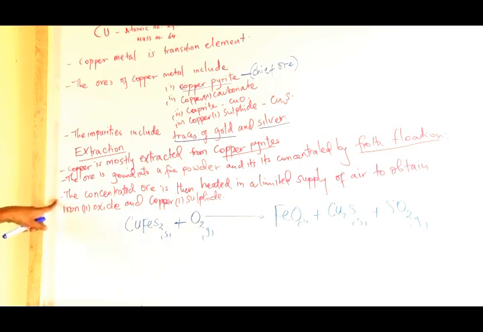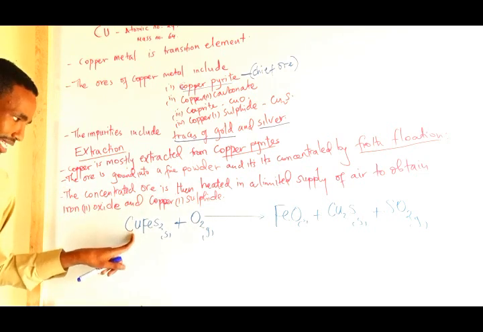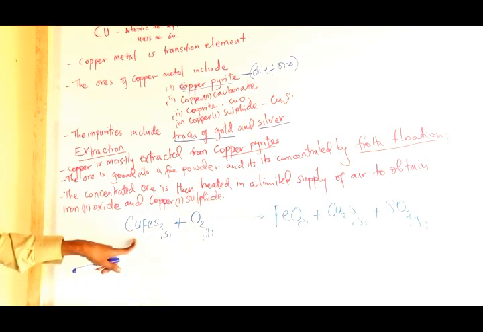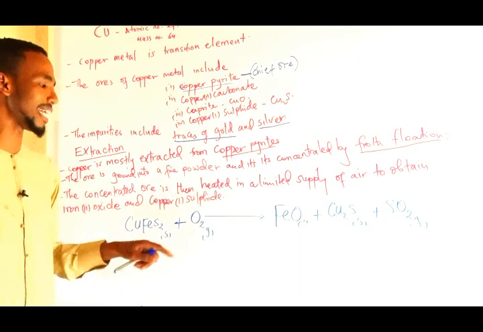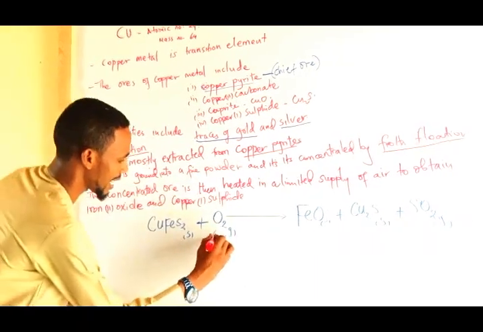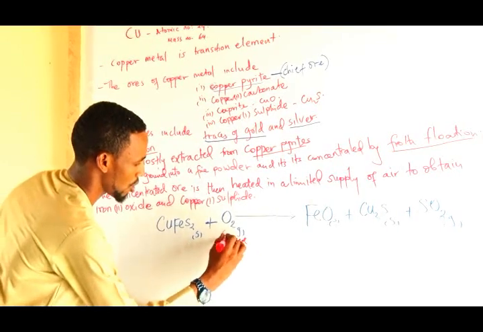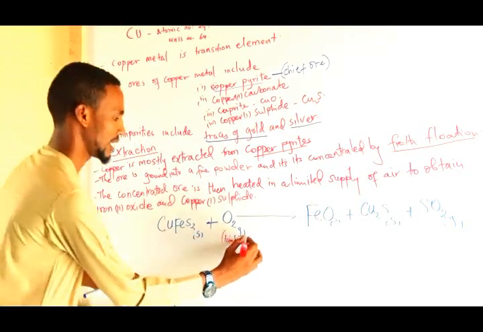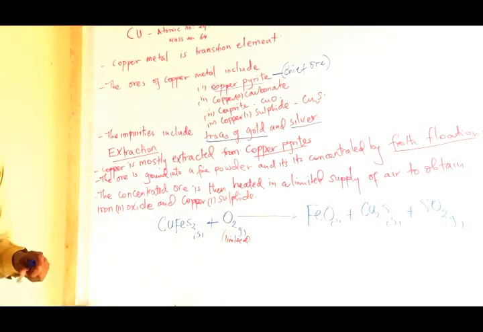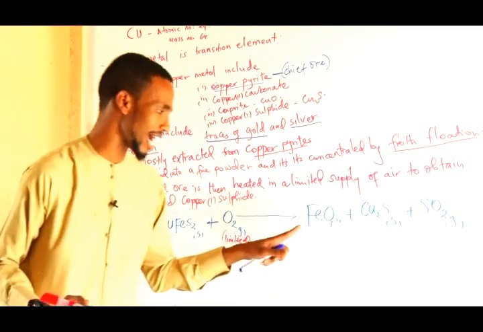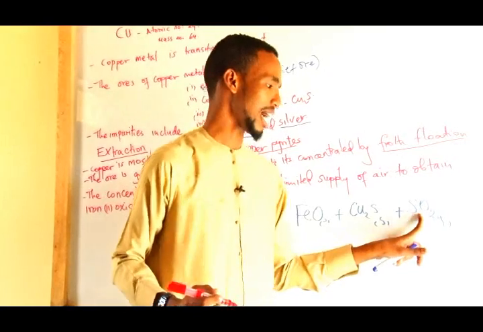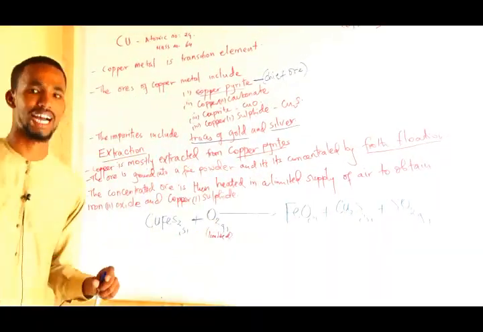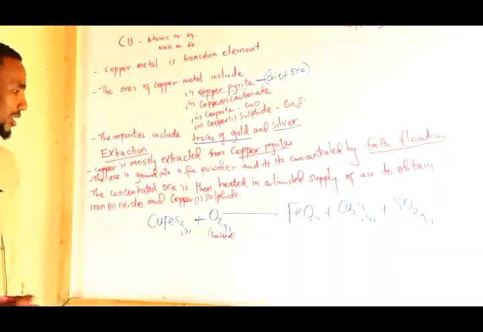Stage number 1. What do you do with the concentrated ore? The concentrated ore, which is copper pyrite, which you have already concentrated by froth flotation, is heated with a limited supply of air to obtain iron 2 oxide, copper 1 sulfide, and sulfur 4 oxide gas.